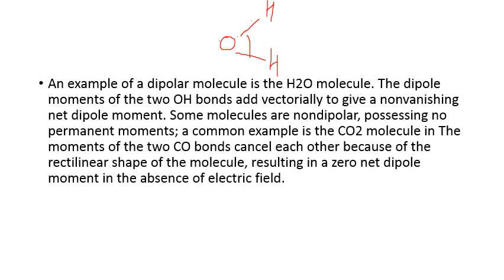There are certain molecules, on the other hand, which do not have any permanent dipole moment, like CO2. In CO2, the dipole moments of the two CO bonds cancel each other because of the rectilinear shape of the molecule.